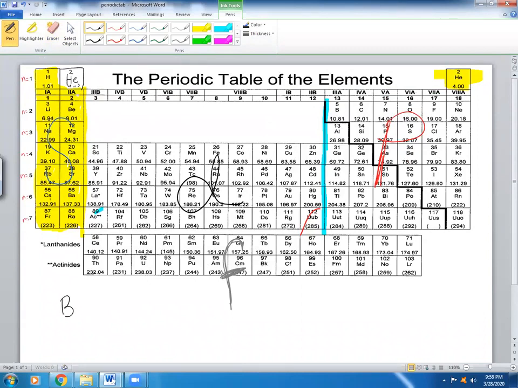Start from the beginning. 1s area. How many boxes? 2. 1s2. Then I go now there, 2. You can see that helium, or that one, it doesn't matter. I'm done. I filled that shell. Now I'm going down here.